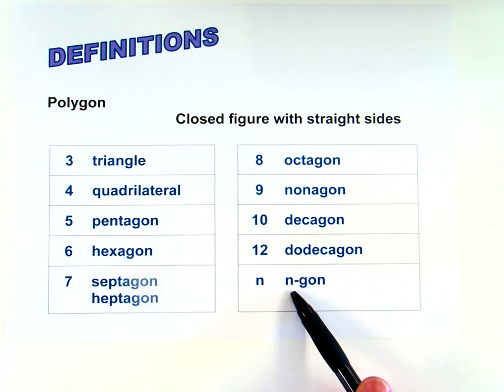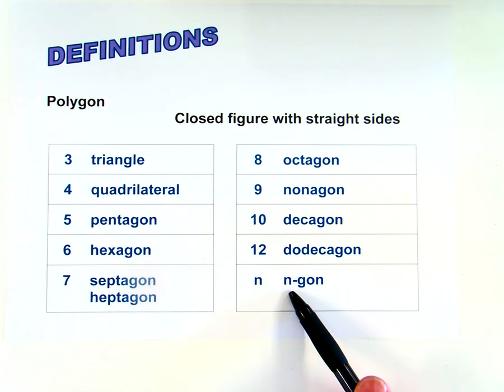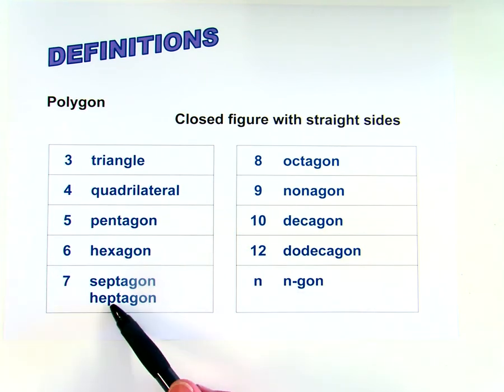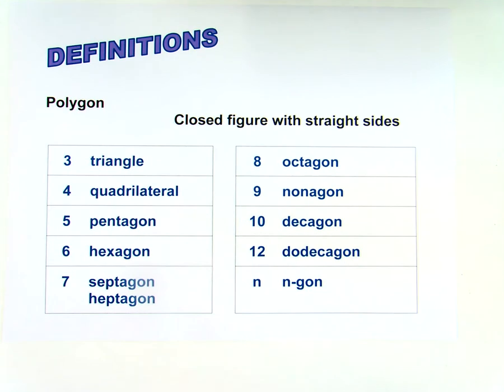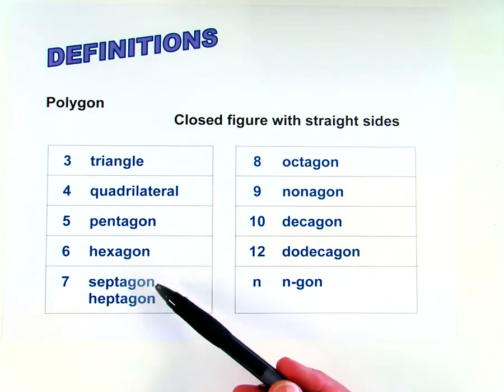Yes, there is a name for it, but you don't have to learn it for this class. It's okay to say 17-gon. That'll work just fine. And notice here that there are two acceptable names in English for a 7-sided closed figure with straight sides. That's a septagon and a heptagon.